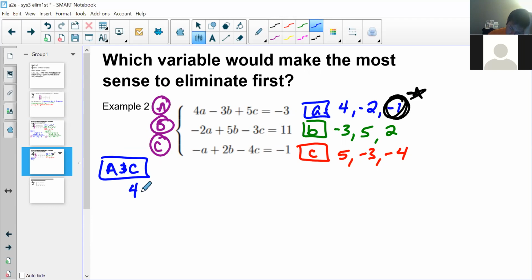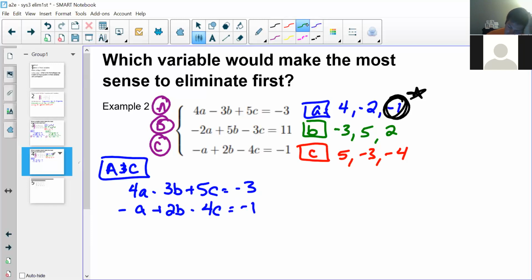So I have 4A minus 3B plus 5C equal to -3. My C equation is -A plus 2B minus 4C is equal to -1. Now, right now there are no opposite coefficients.